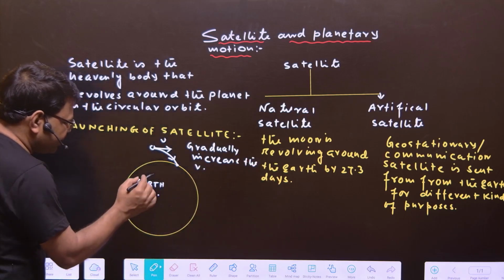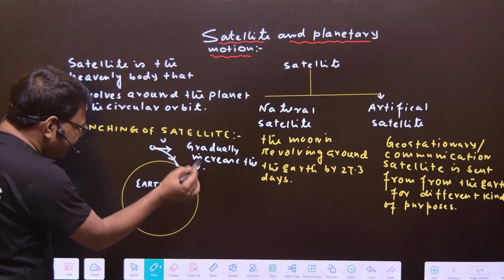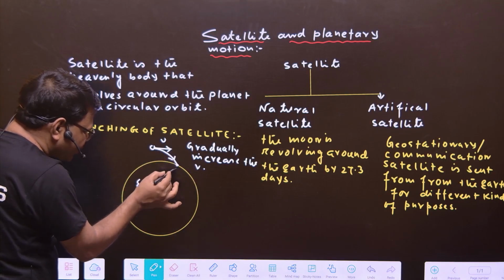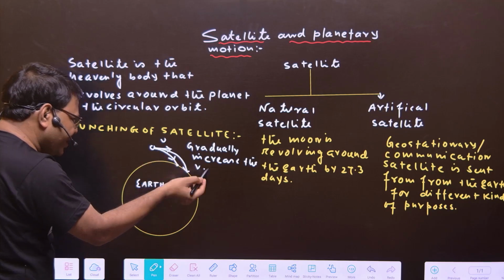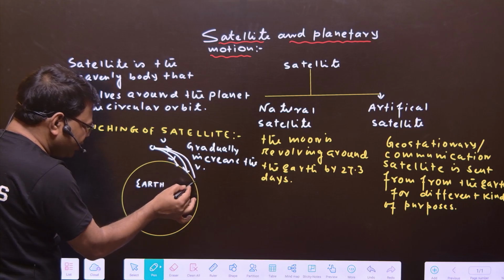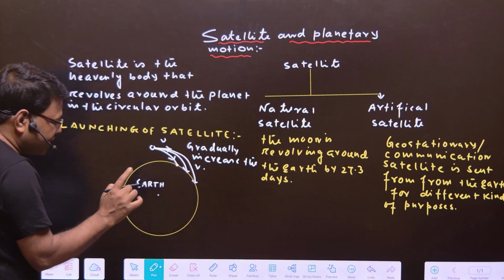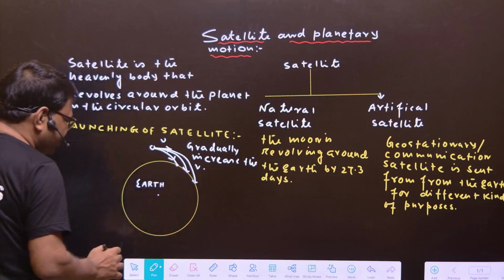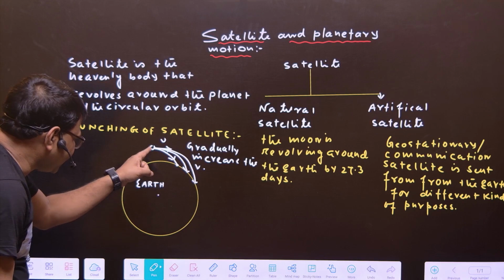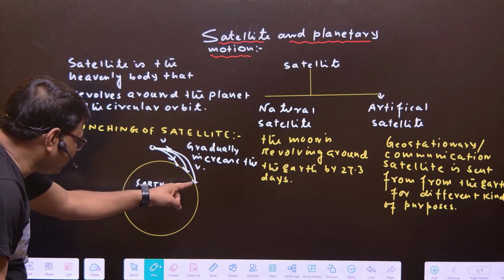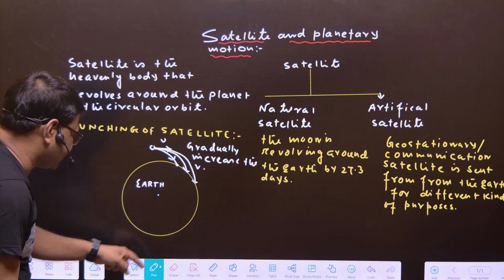What will happen? As the velocity increases, the horizontal distance will be more as compared to the previous. Now it will fall like this. Now again increase, now again it will fall like this. But at a particular velocity, the object will not touch the earth's surface.